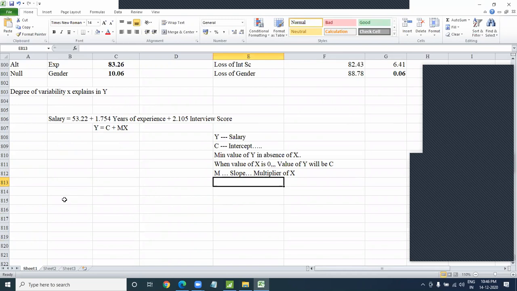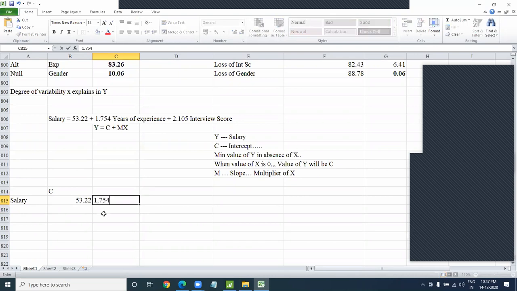Let's try to interpret this using these values. What do we mean by this? So it says salary, let's put it here. It says 53.22, which is the constant C. Then we have plus 1.754 multiplied by experience. I'll keep the experience blank.